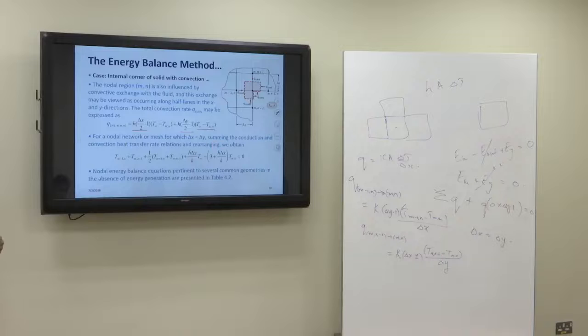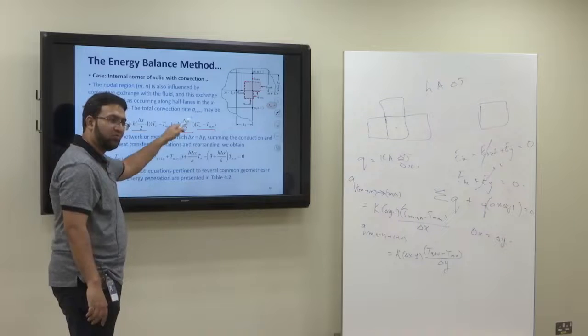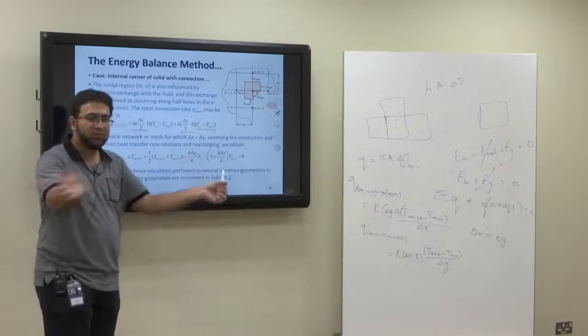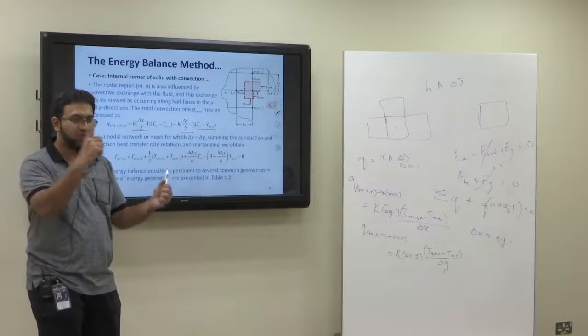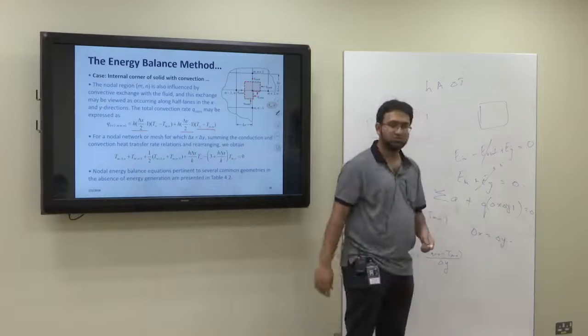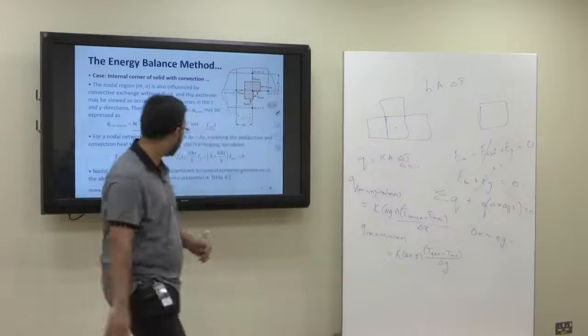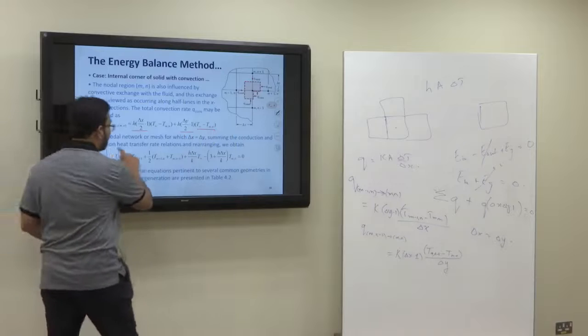Is it clear? So now you have 6 Qs: 4 Qs for conduction, and 2 Qs for convection. Add all of them together in one equation: summation of Q equals 0. Add all of them together, put delta x equals delta y. You're going to end up with this equation.